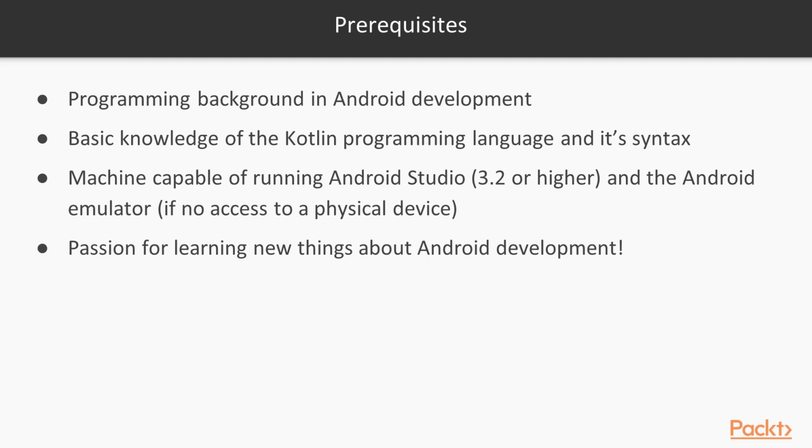Then you should also have a machine or computer capable of running Android Studio and the Android emulator, in case you have no access to a physical Android device. And last but not least, obviously, you should bring along a certain passion for learning new things about Android development. So without further ado, let's get started.